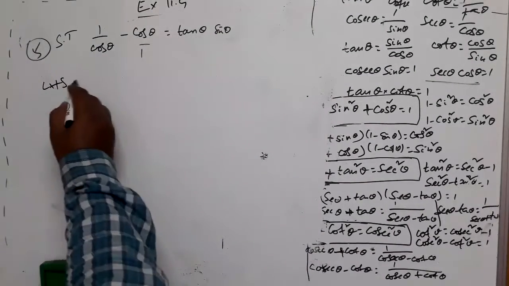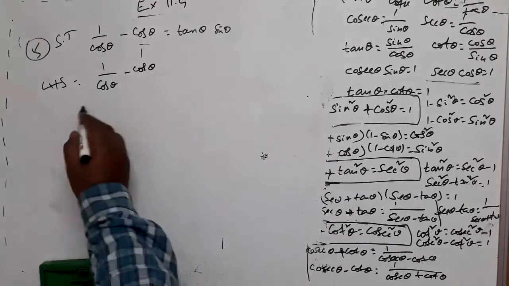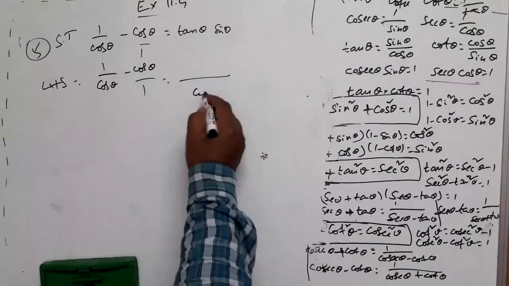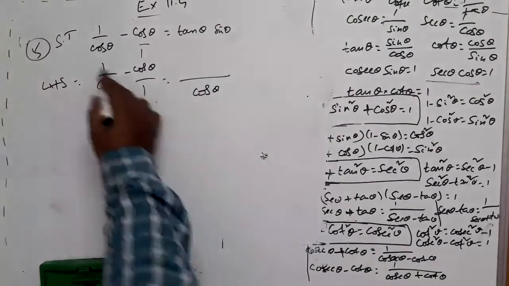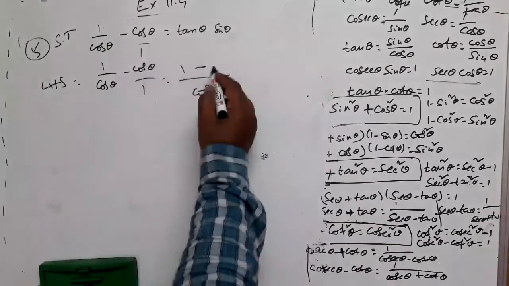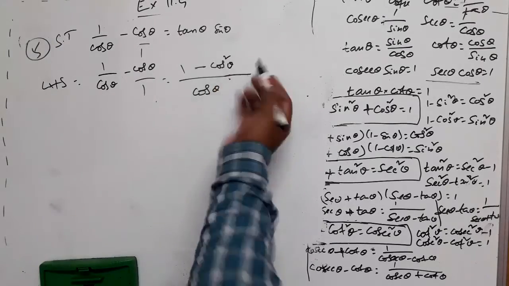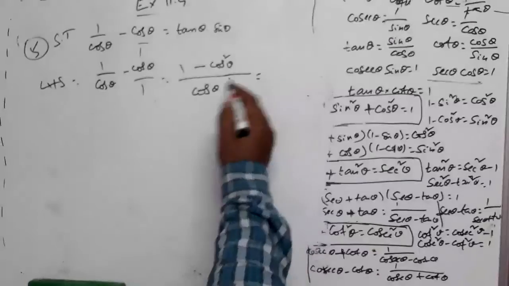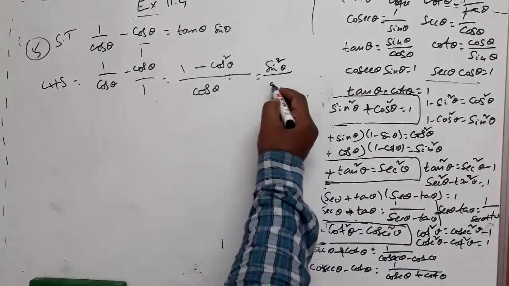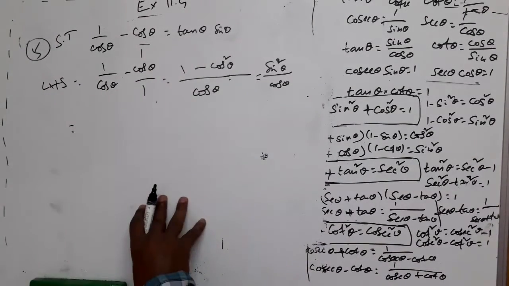That will give you directly this. Let us see how. LHS is 1 by cos theta minus cos theta, right? This is 1 by 1, the LCM will be cos theta into 1, that is cos theta. The numerator will be 1 into 1, 1 minus cos theta into cos theta, cos theta whole square, that is cos square theta. But what is 1 minus cos square theta? Sin square theta, so you can replace that by sin square theta.